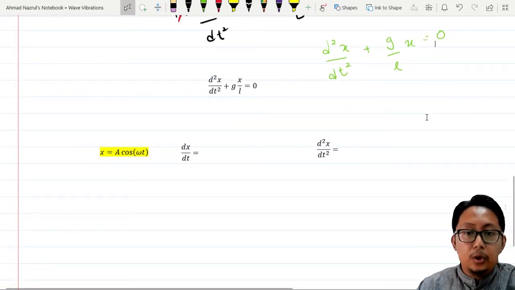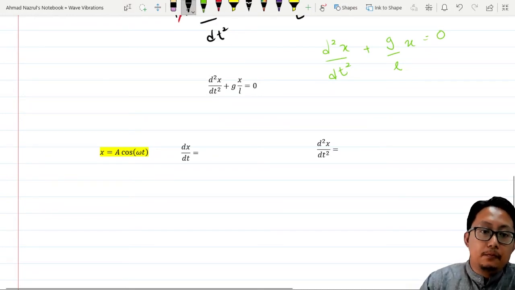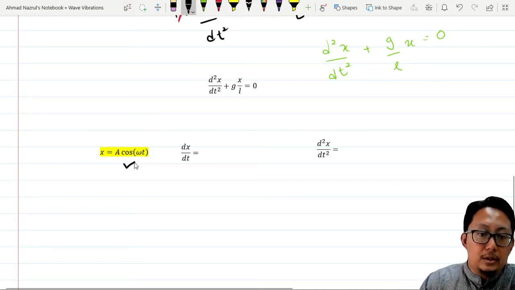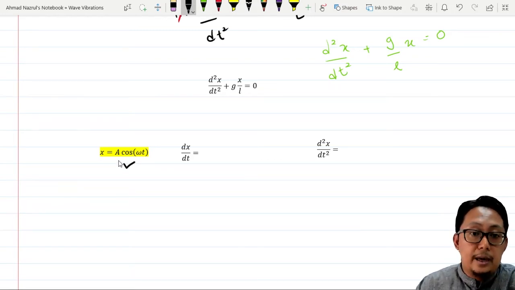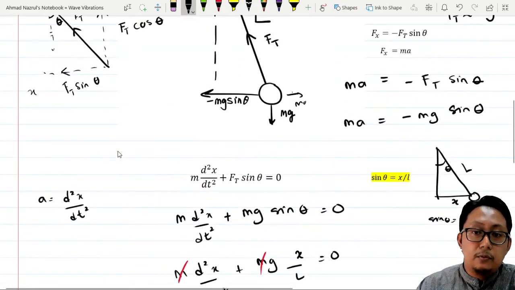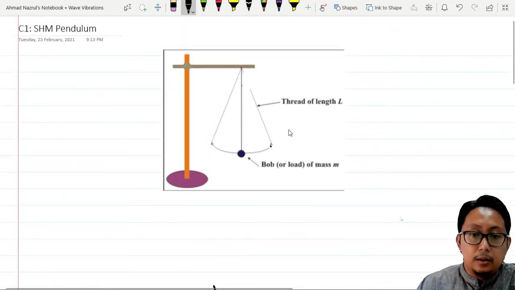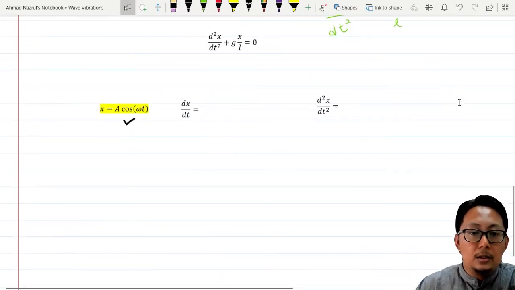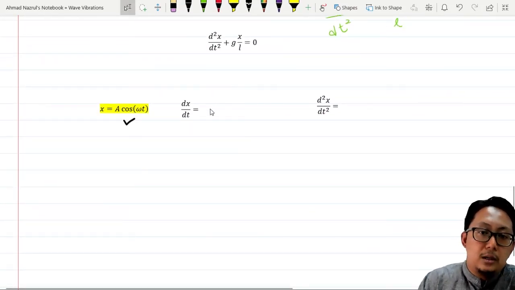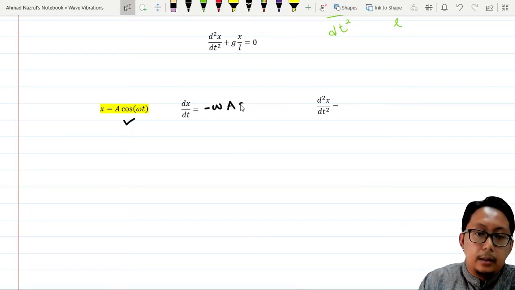So we know that x is equal to a cos omega t, because this oscillates. So a will be the amplitude, the amplitude between these. Differentiating a cos omega t, we get minus omega a sine omega t.